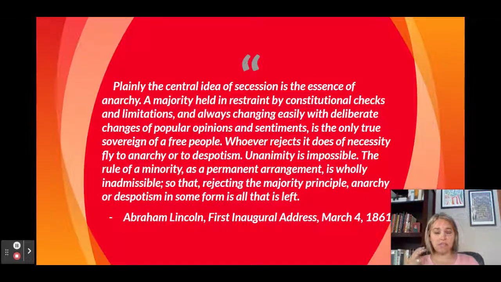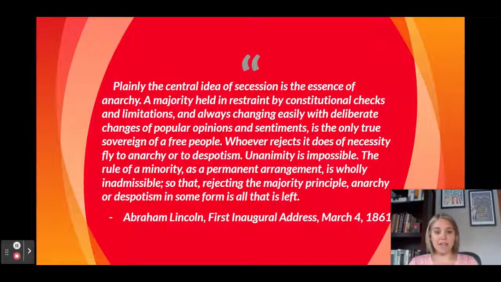So Lincoln's first inaugural address occurred on March 4th, 1861, and here's where he specifically addresses what was happening with secession. He says, plainly, "The central idea of secession is the essence of anarchy. A majority held in restraint by constitutional checks and limitations, and always changing easily with deliberate changes of popular opinions and sentiments, is the only true sovereign of a free people.